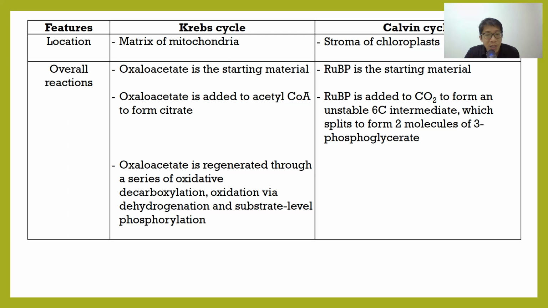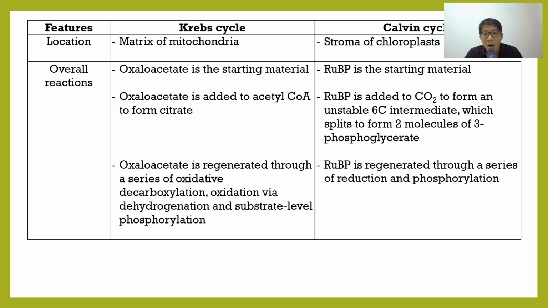That would be the regeneration of oxaloacetate after citrate goes through a series of oxidative decarboxylation, oxidation, and substrate level phosphorylation, while RuBP is regenerated from a series of reduction and phosphorylation. So the reduction, I think you are clear, is referring to the reduction of the PGA to TP.